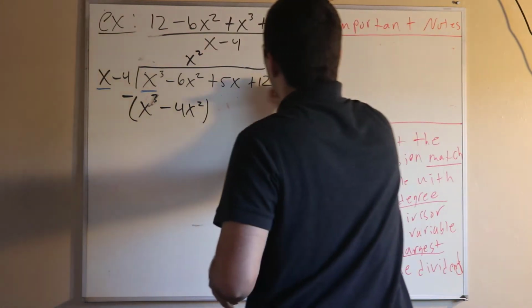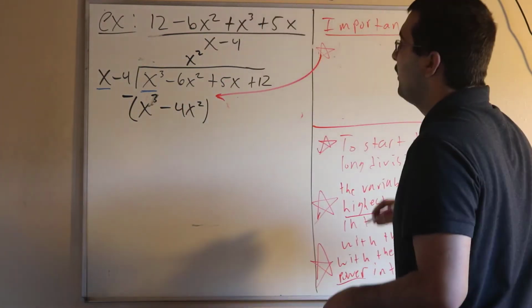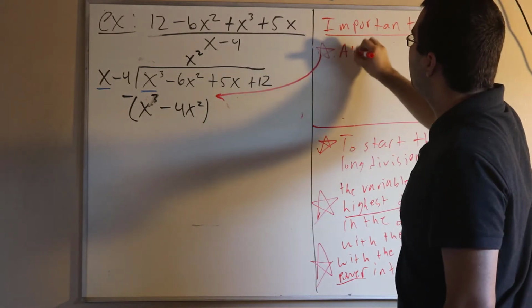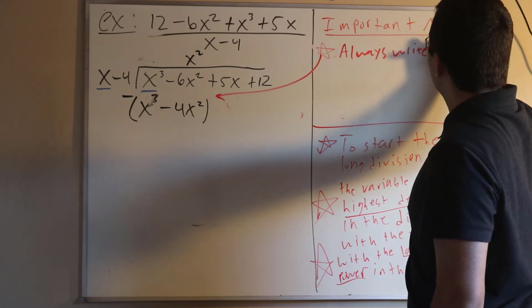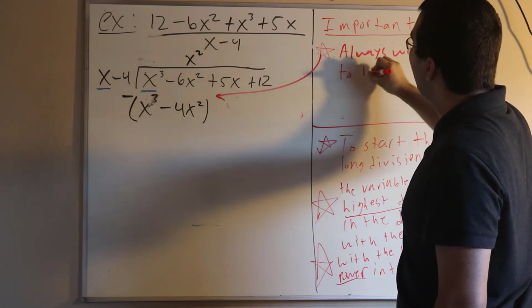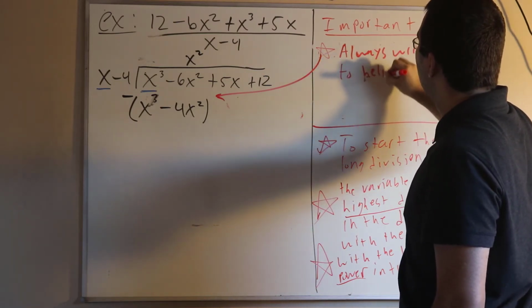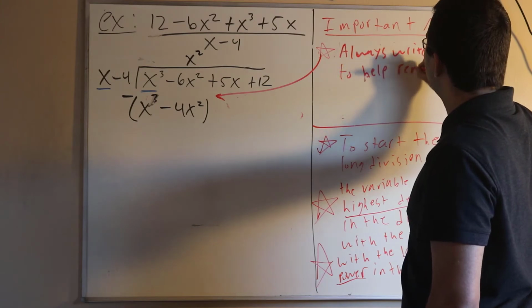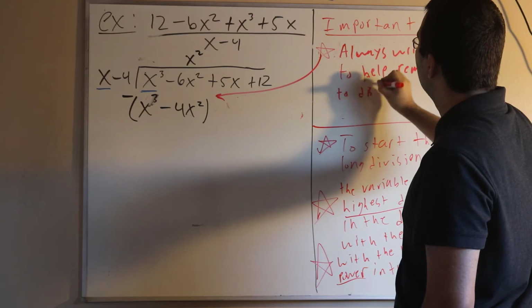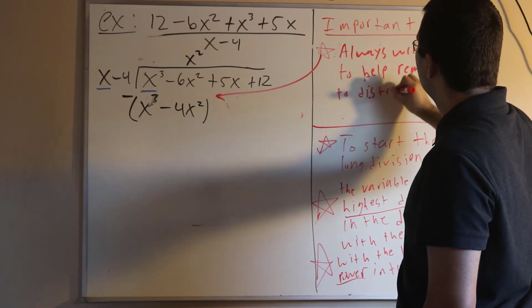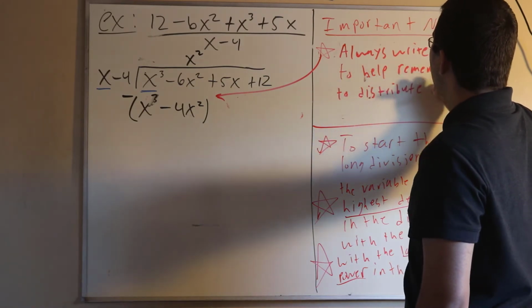So this note goes right here, and it's: always write the parentheses to help remember to distribute the negative.